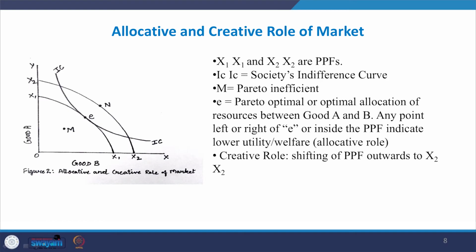So, shifting of the production possibility frontier from x1 to x2 is actually expansion of the output, which is due to change in technology, innovations, etc., and that is called the creative role of the market. So, the creative role of the market means shifting of the production possibility curve upward to x2.